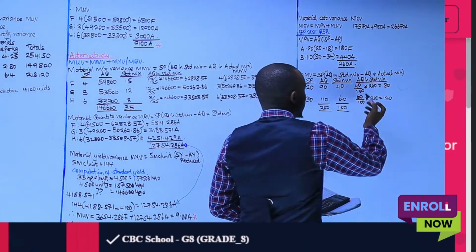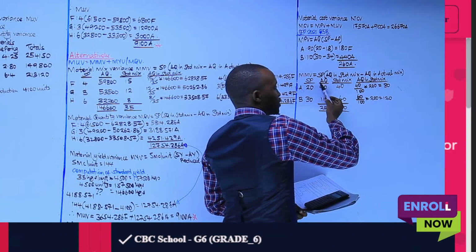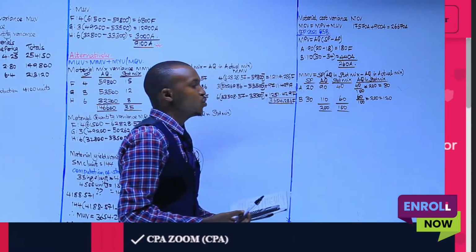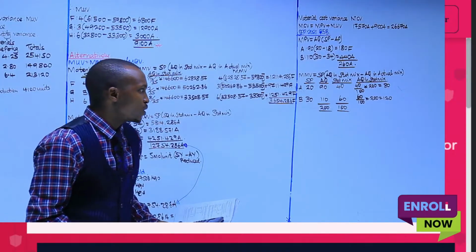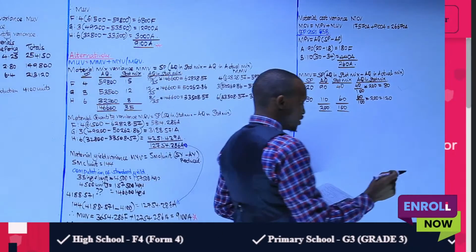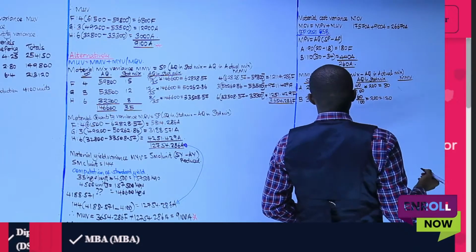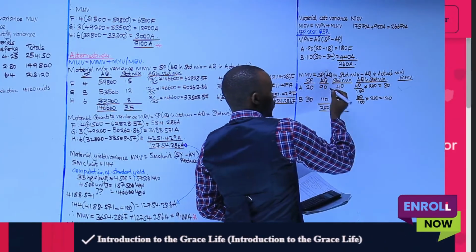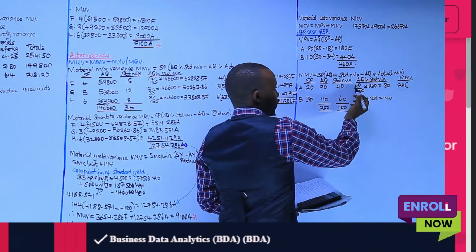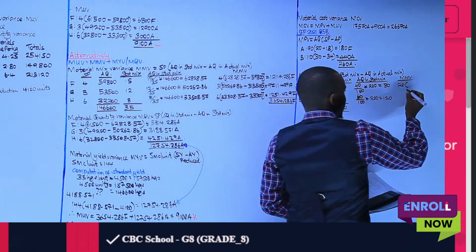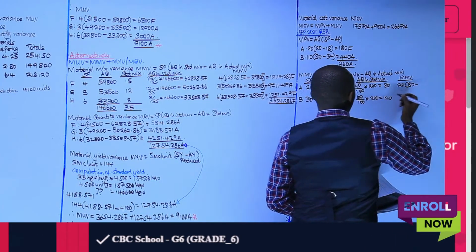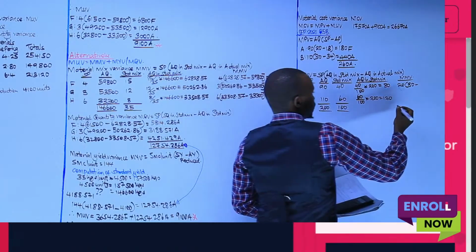Alright, your actual quantity in actual mix is your actual quantity. So let's get your material mix variance here. Your standard price is 20. Actual quantity in standard mix is 80, minus an actual quantity of 90.